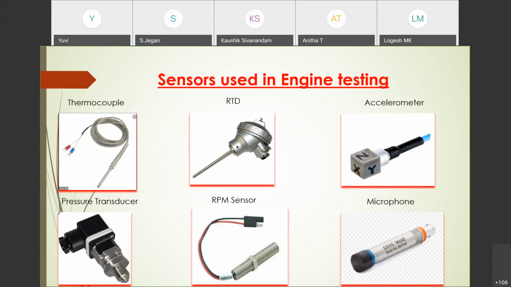Similar to RTD, in thermocouple also we have many types like J type, T type, K type, E type, S, N, and B, C type. J, T, K are the types commonly used in industry. The reason is the maintenance of these sensors is cheaper and cost effective as well.